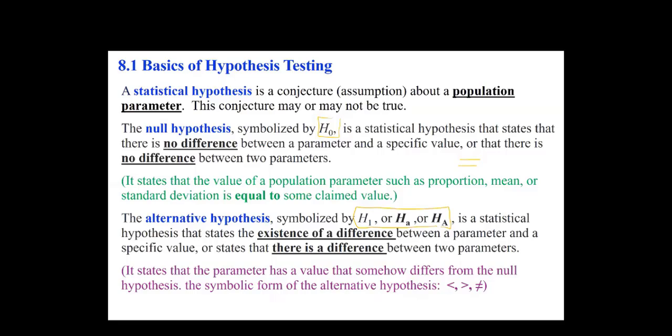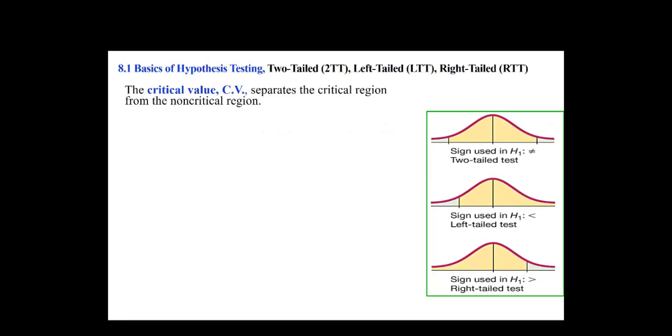Some texts do not follow that. In the case of the alternative, we use one of the inequality signs: less than, greater than, not equal to. That's what we do here. Two-tail test, left-tail test, right-tail test. So I want you to look at the right side and the graphs.